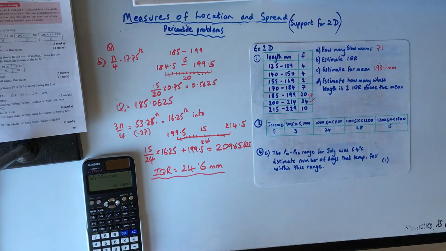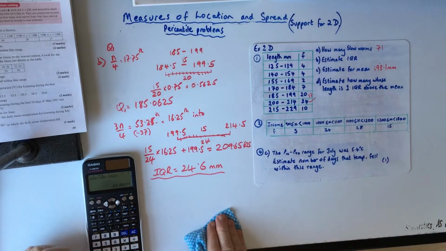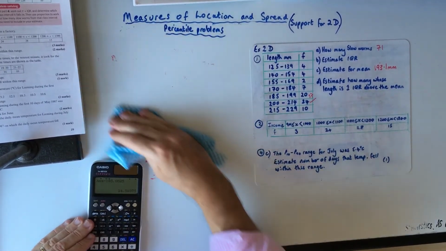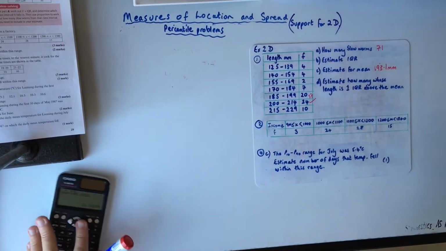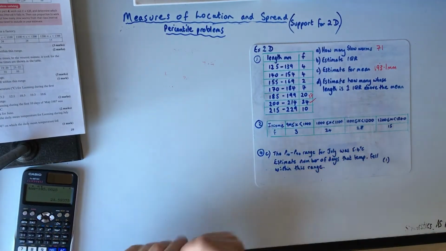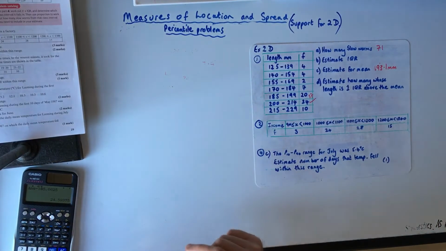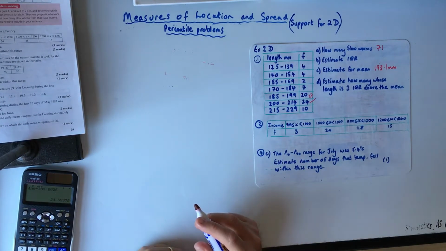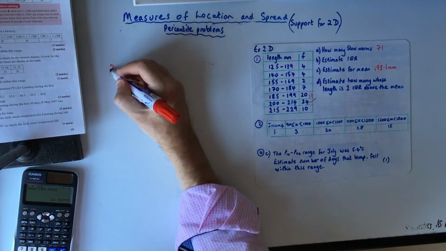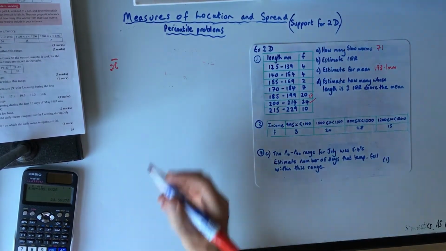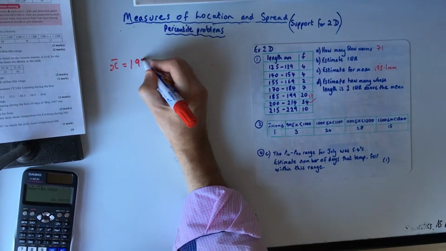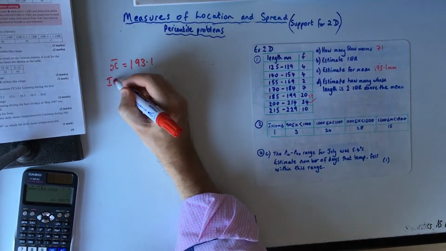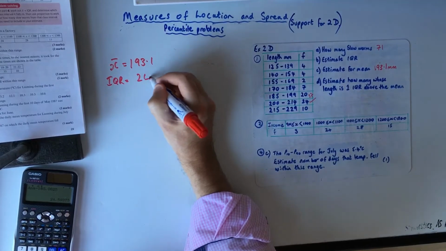If we look at the last bit then, just rub that out now. A little bit of controversy here with the last bit, me actually giving you the wrong answer there. It says estimate how many slow worms of length is one interquartile range above the mean. Well, the mean is 193.1, and the interquartile range was 24.6.